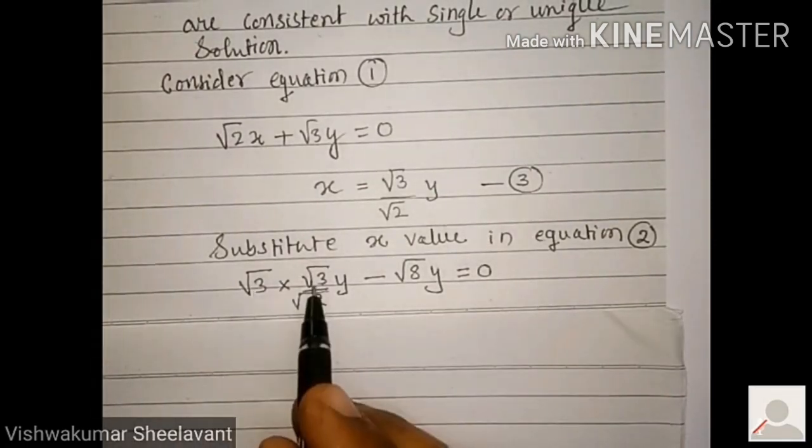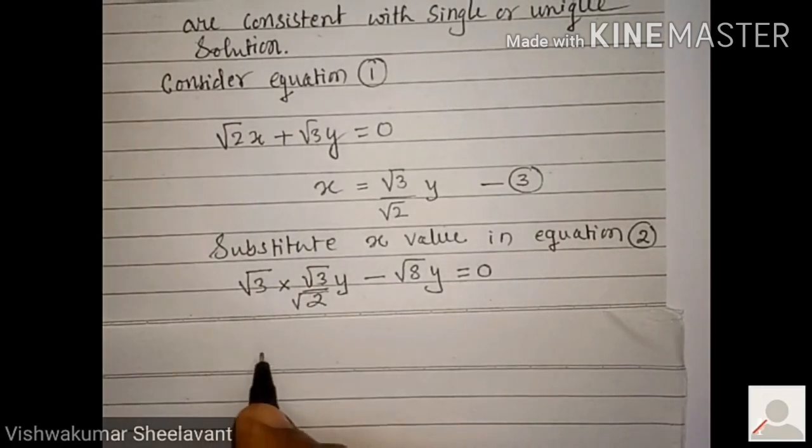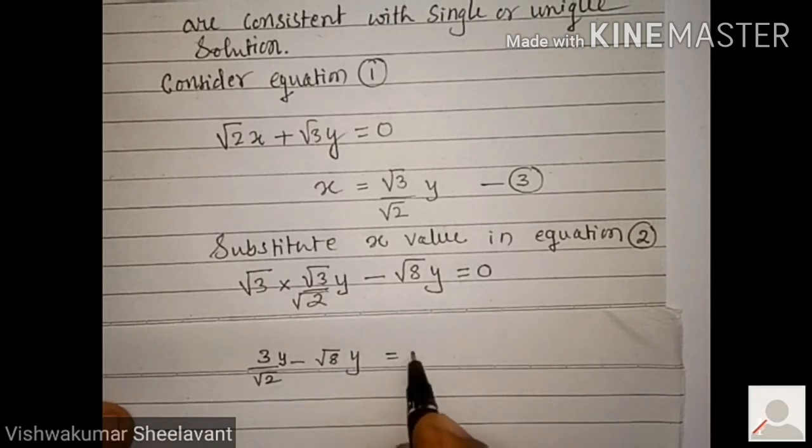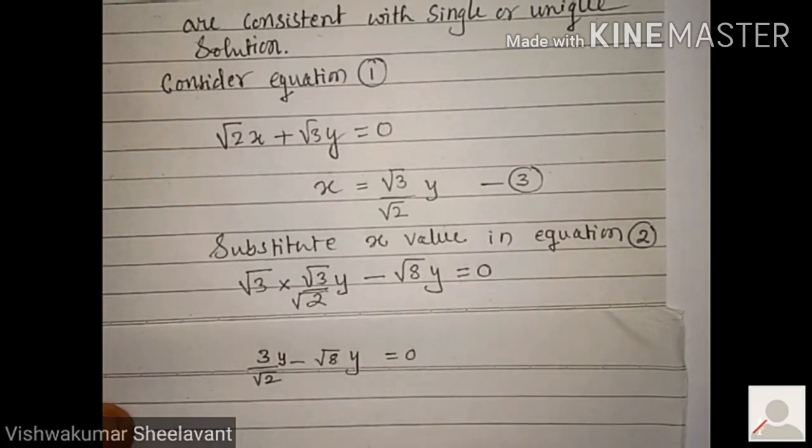Root 3 into root 3 is 3. 3 by root 2 y minus root 8y equal to 0.